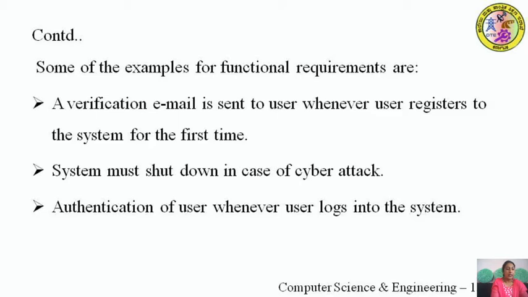In the first example given here, it is describing what should happen when the user registers for the first time. This specifies the functionality for a particular condition. Similarly, the next two examples are describing certain functionalities of the system. Therefore, these requirements fall into the category of functional requirements.